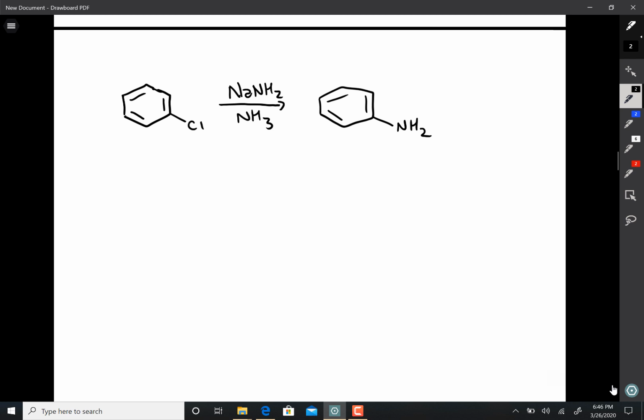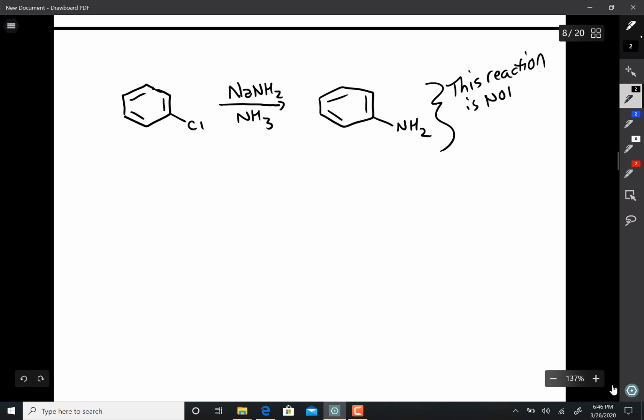It really does. But this reaction is not a nucleophilic aromatic substitution. It is not synthetically useful either.